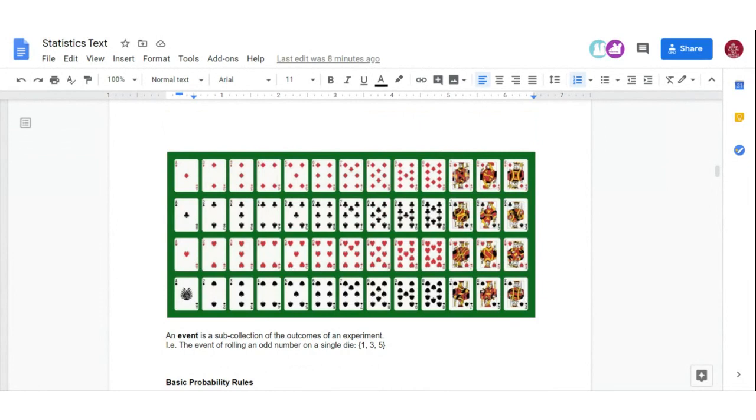You also have 3 that are hearts. Total together, that's 6 red cards that are also face cards. Now, if we do not recognize that, then we essentially end up counting them twice, and our probability is not going to be accurate. And sometimes you're not going to notice it. Sometimes you'll come up with a probability more than 1, and maybe that'll be a little hint, but it's not always going to happen.